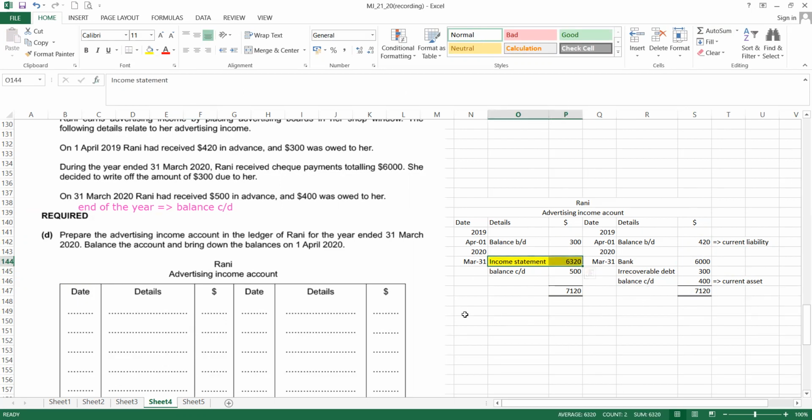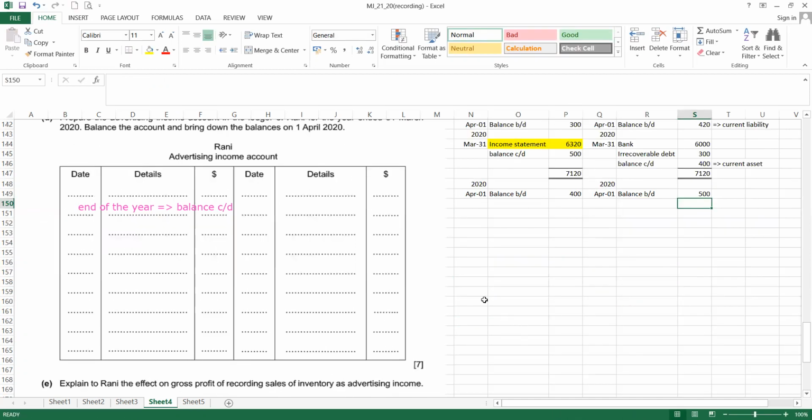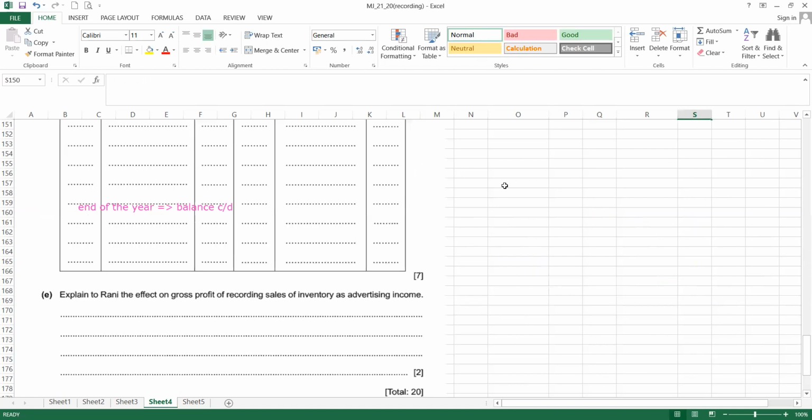And don't forget, in the exam, balance carried out and balance brought down must always be a pair. One pair means one is on the debit side and one must be on the credit side. Okay, another one, also complete it. Now let's move on and see what else the question asks.